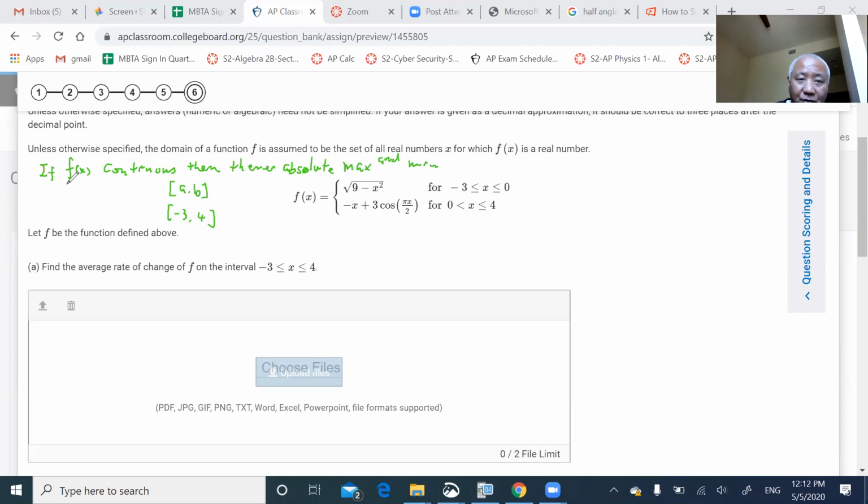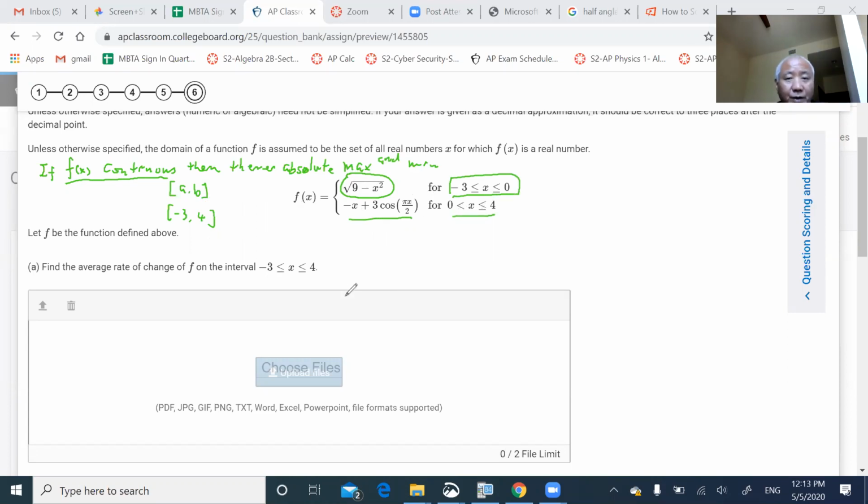As long as the function is continuous on the closed interval, meaning no hole, the function should have the maximum and a minimum. So when we do this one, we know this branch of the function is continuous within this interval. This one also is continuous within its interval, no problem with that.